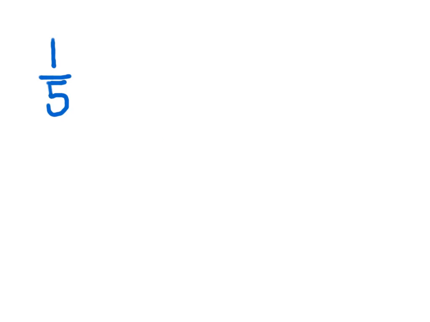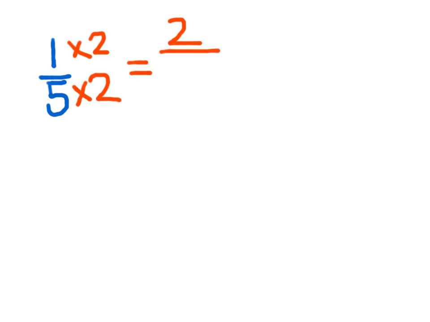Let's try and make a few equivalent fractions of 1/5. Well, we could multiply the top and the bottom by 2. That would give us 1 times 2 is 2, and then on the bottom, 5 times 2 is 10. So we have 2/10. So that's one equivalent fraction. We could also multiply 1/5, same as last time, by 3.